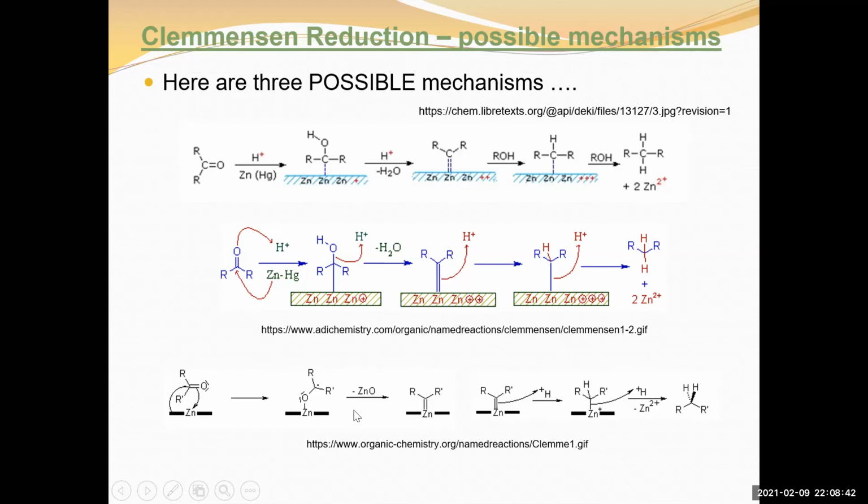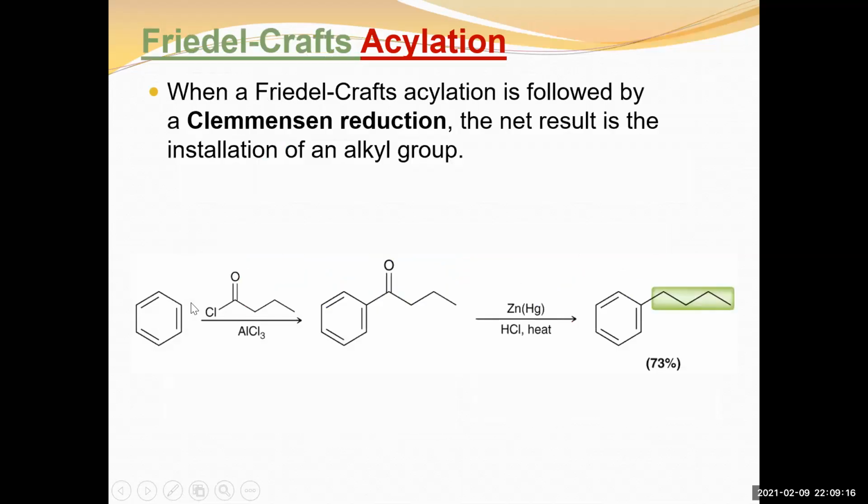Down here, this source didn't even show the zinc mercury, but they show the zinc part because that's the one it's really going to be interacting with. So all of them have that same zinc catalyst going on. And they have a source of protons: here are some protons, there are some protons, down here are protons. You need protons because you have to do a reduction. You have to reduce away that carbonyl group to end up with just 2 protons attached. So they all need a source of protons.